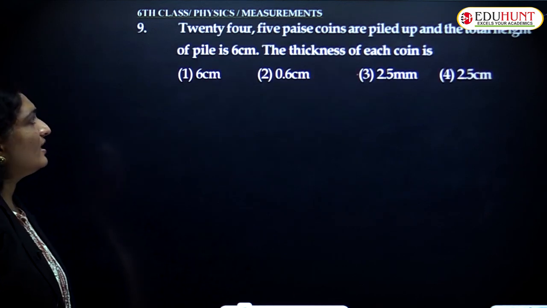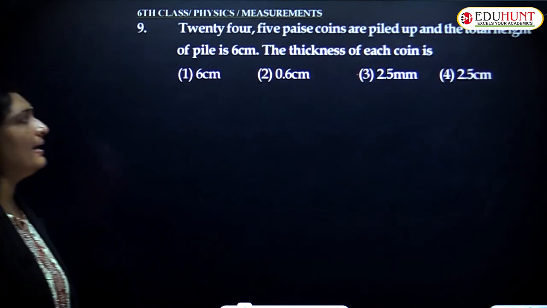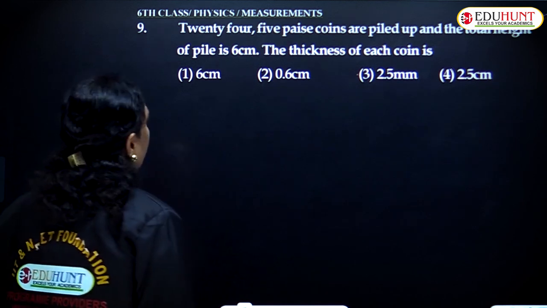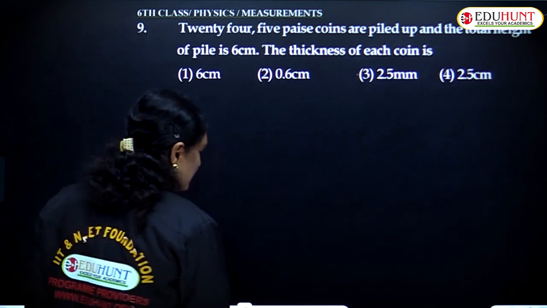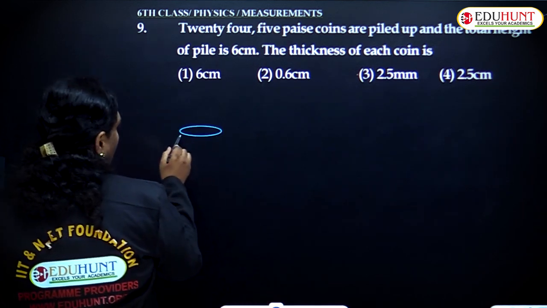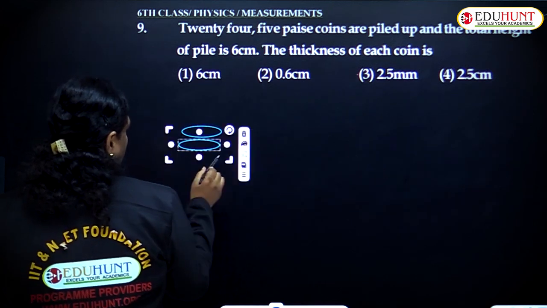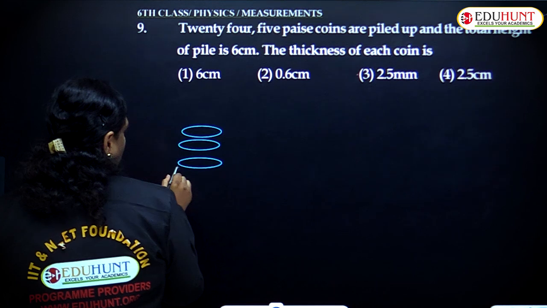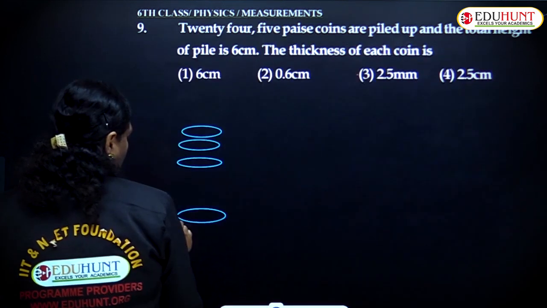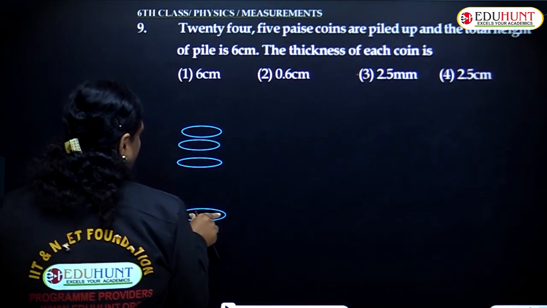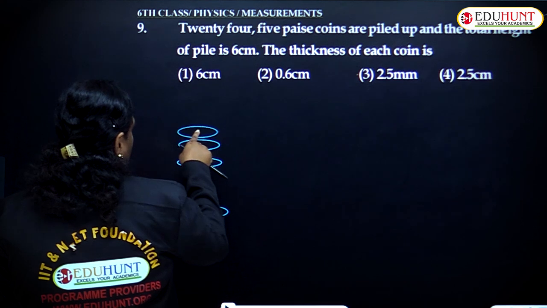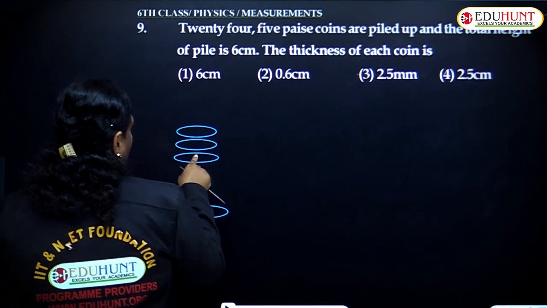Next, 24 5 paisa coins are piled up and the total height of the pile is 6 centimeters. Let us see this. Some number of 5 paisa coins are taken, children, and they are piled.